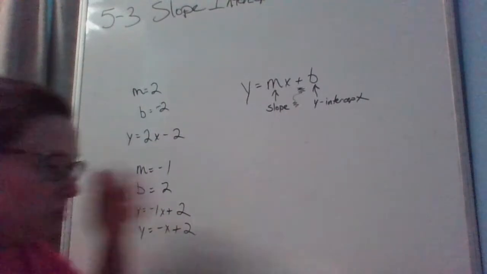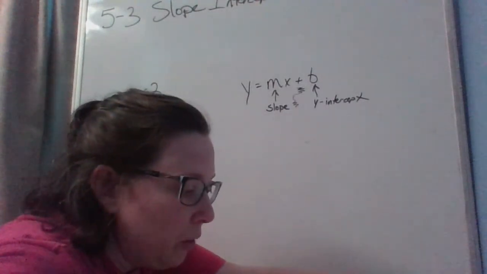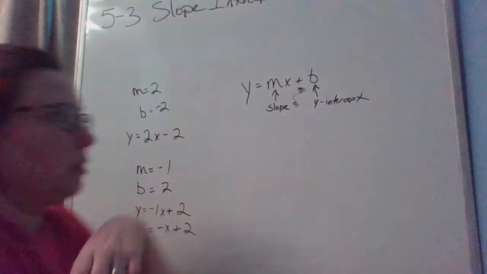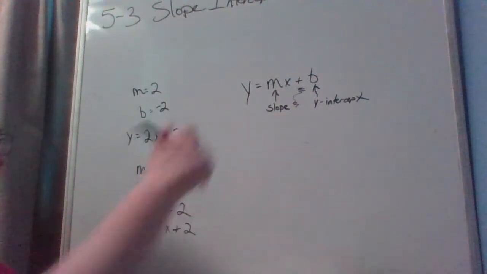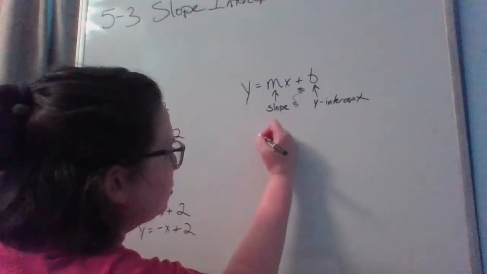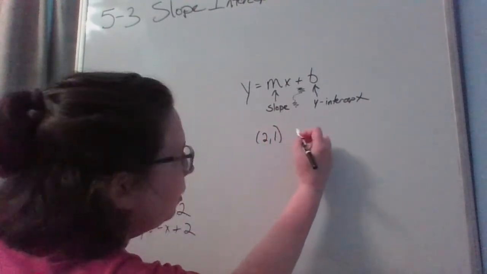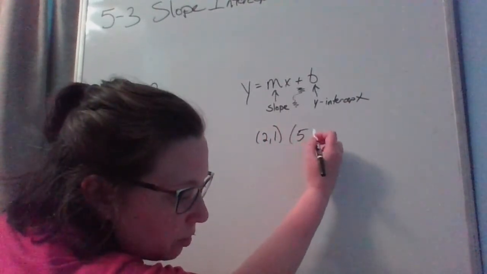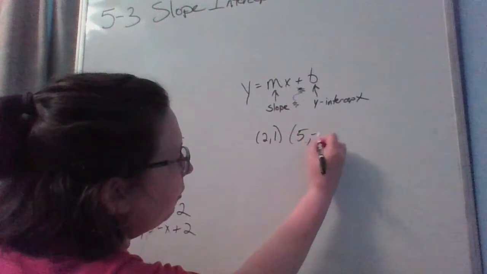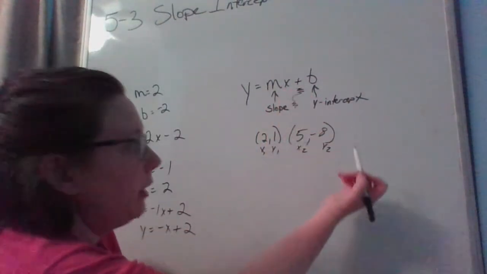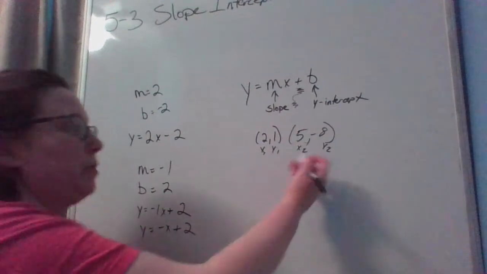Moving on to problem 4, we are given 2 points. In that case, there's a couple things that we need to do. The first is we need to find our slope. So our 2 points are (2, 1) and (5, -8). I have decided these are going to be my 2s, these are my 1s.